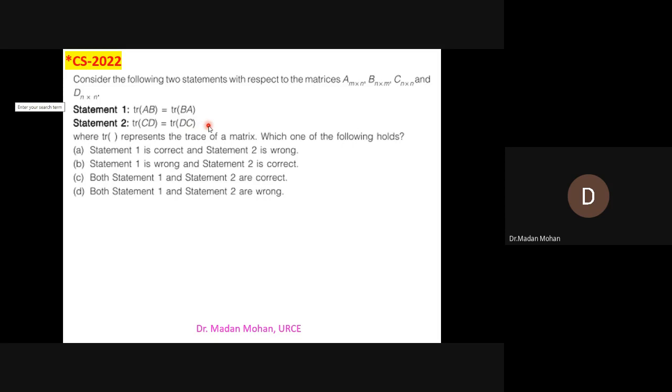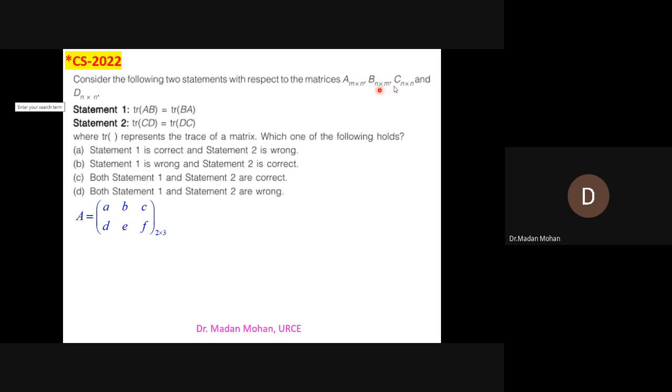Observe how. To save time, what we do in GATE examination is we take simple general examples, not particular examples. For example, I am taking a 2 cross 3 matrix A. Instead of A11, I use this 2 cross 3.